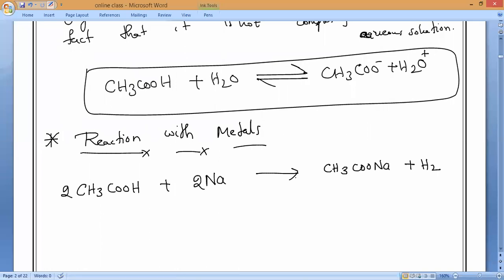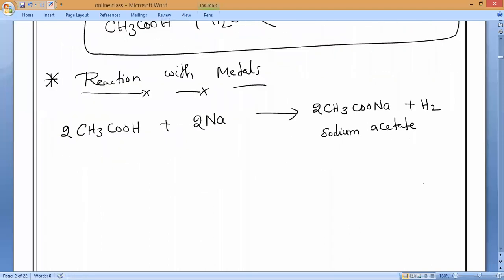Balancing: 2CH3COOH plus 2Na gives 2CH3COONa plus H2. We already studied this twice, in metals and non-metals and in acids, bases and salts. Now instead of sodium, take potassium.